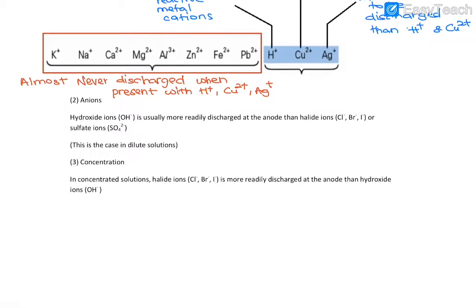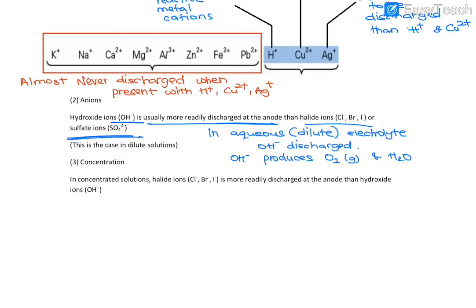Now, anions. Hydroxide ions are more readily discharged at the anode than any other anion that you have. So if you have OH- in a dilute solution together with any other anion, it's OH- that is discharged. So it's going to be discharged and produce oxygen gas and water.